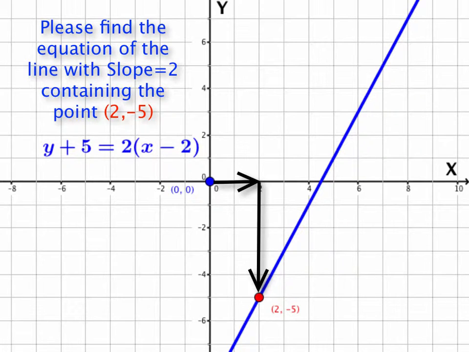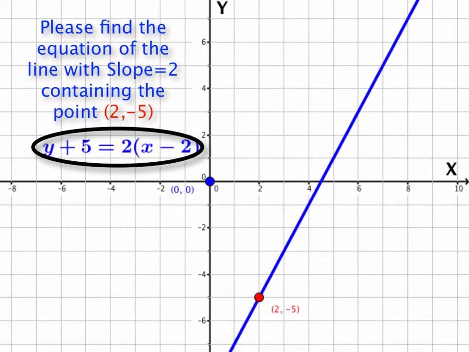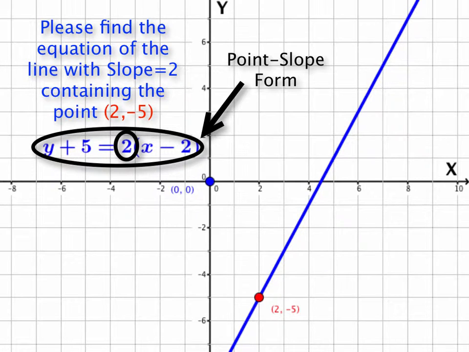And this is the equation for a line whose slope is 2, containing the point 2 comma negative 5. And as it stands, this way of writing a linear equation is called the point-slope form of a linear equation, because the slope of the line is readily apparent, and the point it goes through is also very apparent just from looking at the equation.